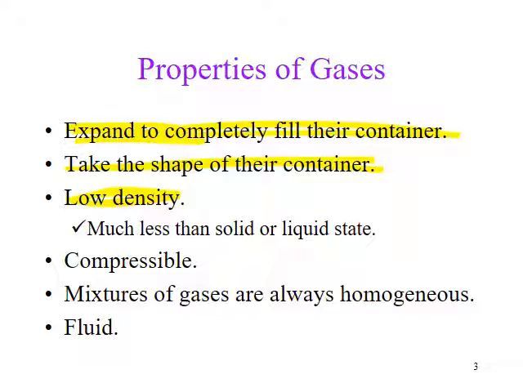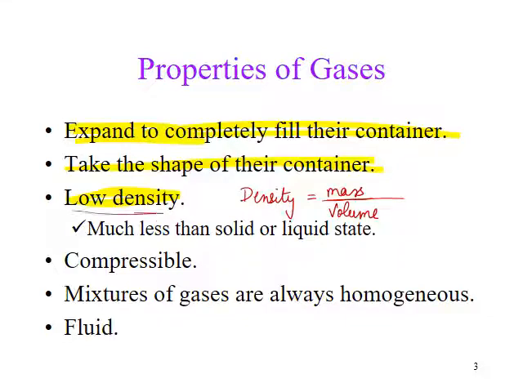That is because density, if you remember, is mass over volume. It's the ratio of mass and volume. If you have the same mass of a substance in solid, liquid, or gas state, in gases it is going to have a lower density. Why? Because the mass is the same, but gases occupy a much larger volume. So the same mass divided by a much larger volume gives a smaller density.